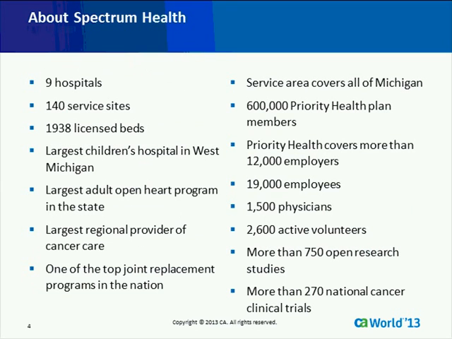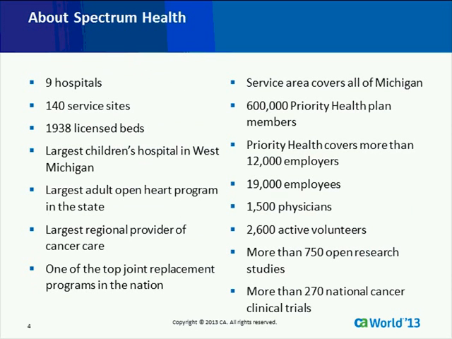Spectrum Health is the largest integrated health system in West Michigan. We have 9 hospitals, 140 service sites, 1,938 licensed beds, and we also maintain the largest children's hospital in West Michigan. In addition to being the largest open heart surgery program in the state and the largest regional provider of cancer care, we are now also providing heart transplant services and most recently lung transplant services.